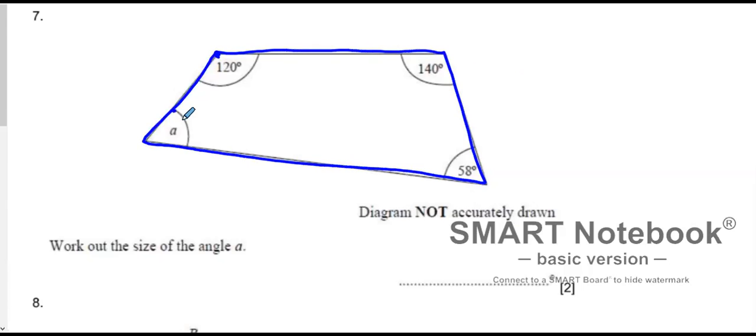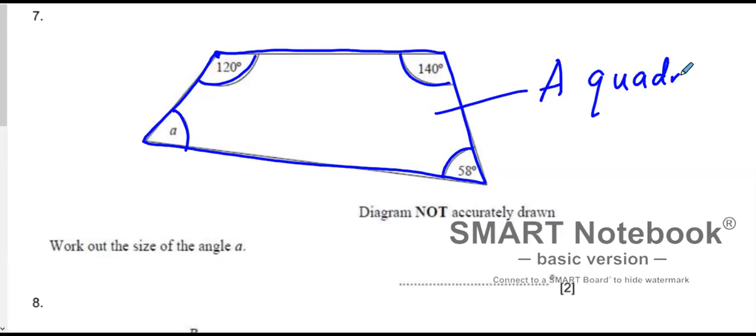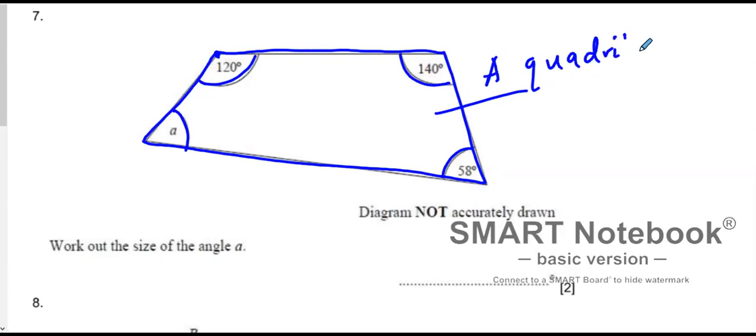Now, a shape with 4 sides is known as a quadrilateral. Any shape with 4 angles and 4 sides is known as a quadrilateral.